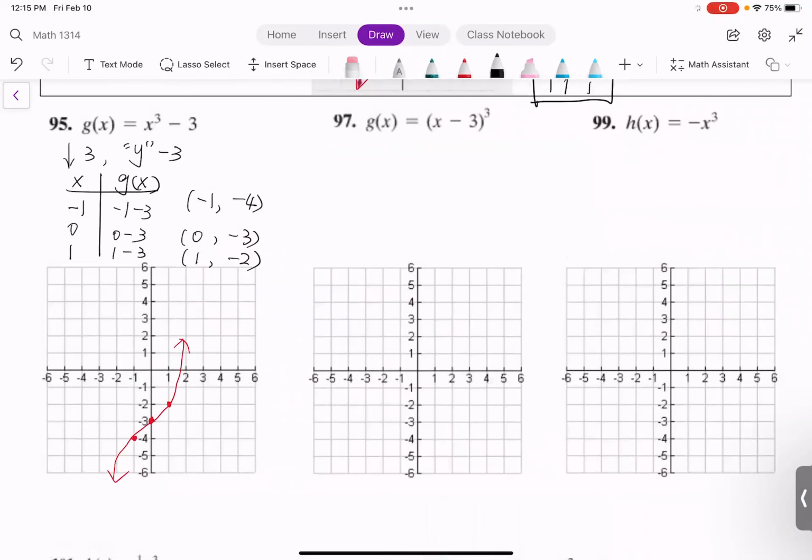Let's identify the transformations. We only have the transformation inside the parentheses. We have x -3. We're moving every point to the right 3 units. All the x add 3. The new key points, x, g of x.